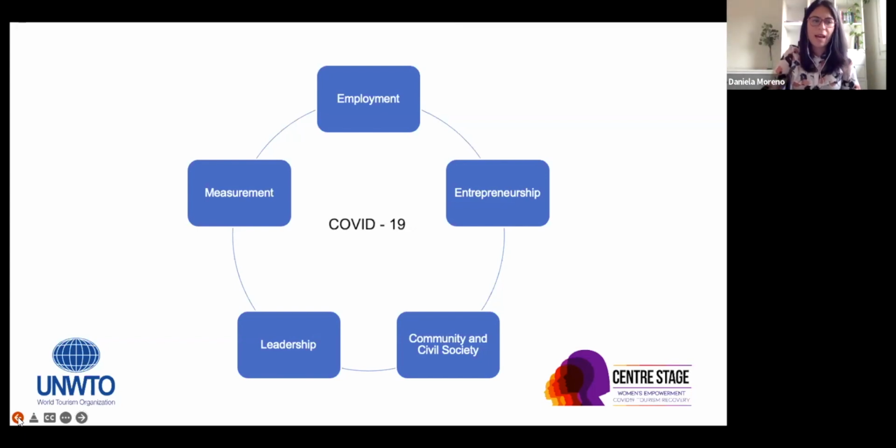And why do women have problems, not sometimes, very often, accessing financial instruments? Because they have very small businesses. Sometimes the management of these businesses is random. In Latin America, for example, it's very common to see that most of the time they are subsistence businesses.